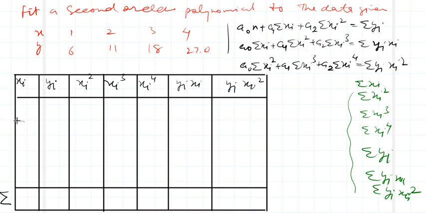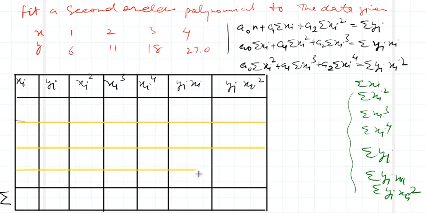These are the 4 values: 1, 2, 3 and 4, and here it is 6, 11, 18, and 27. Now let me try to find out xi square. So it is 1, 4, 9, and 16.